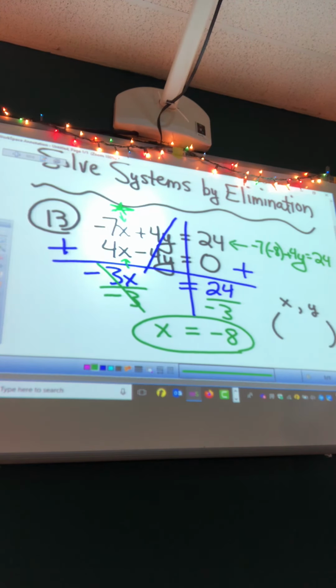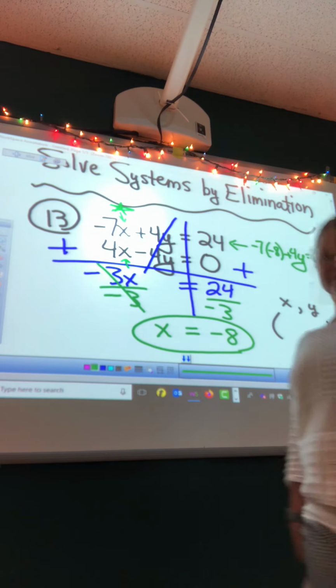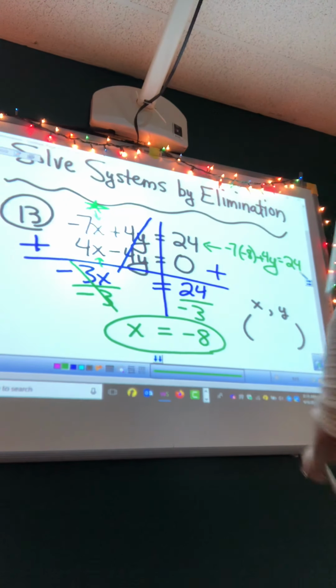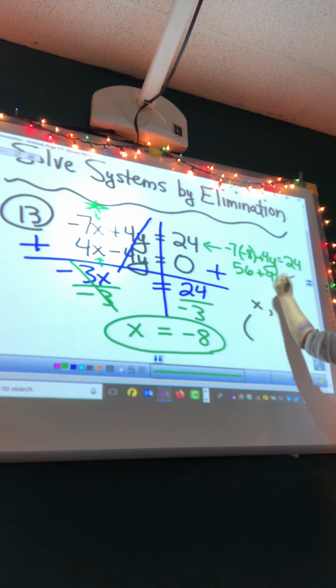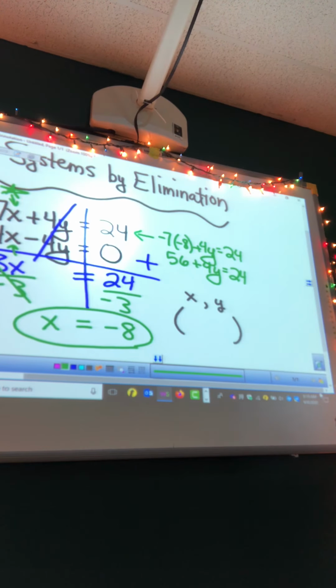So when we look at that, what do we do first? Multiply. So negative 7 times negative 8 is really what? 56, you bet. Plus my 4y stays 4y. That 24 is still 24 on the other side.